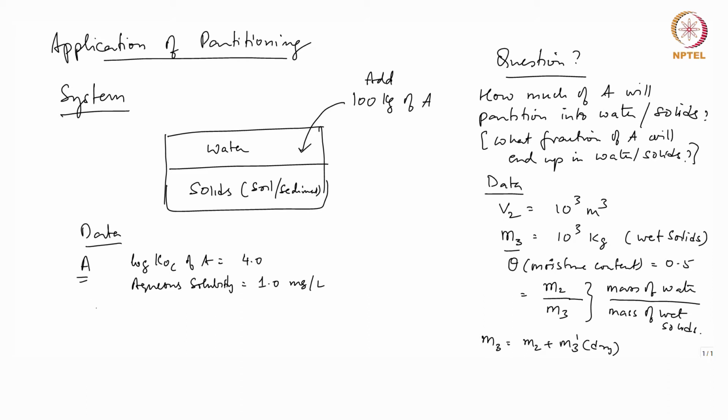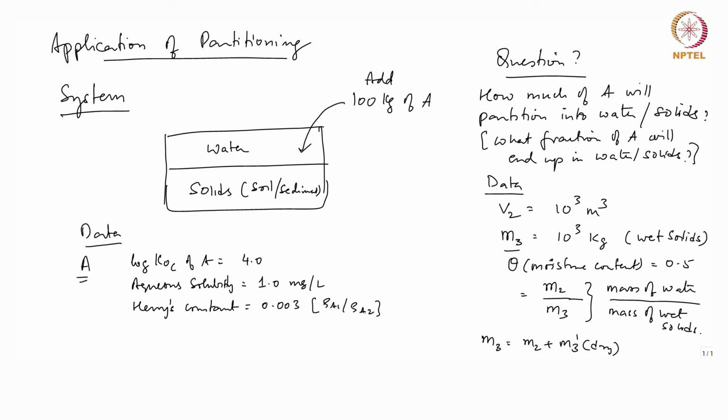The other additional data I have is the Henry's constant, which is 0.003. This is a ratio of rho A1 over rho A2. This is the ratio of concentrations. This is the definition.